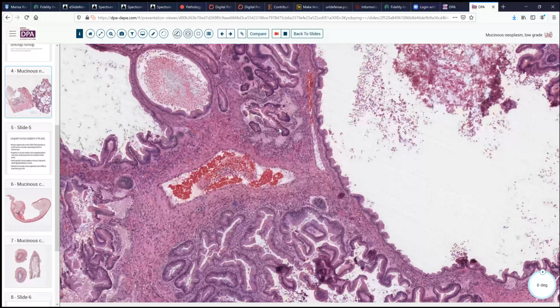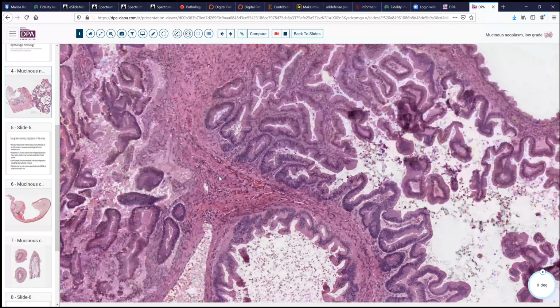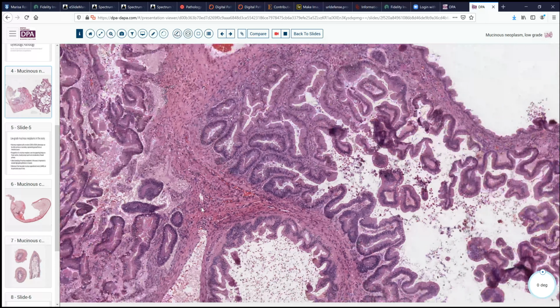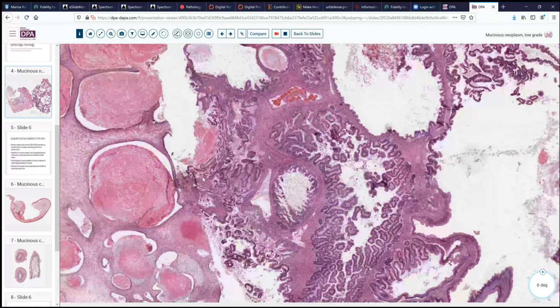We can see that there's some atypia, but by and large, the cells are mostly basally located. We have some underlying stroma without any evidence of single cell or desmoplastic type responses or infiltrative patterns. We could look for pushing type of invasion.